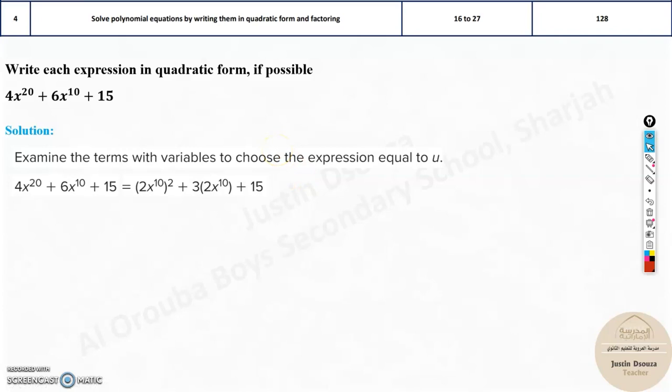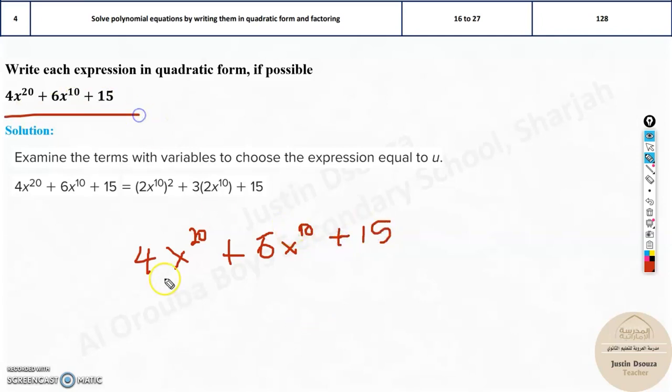So easily you can expand them. Now let me just expand this over here. It'll be 4, 2 squared is 4, x to the power 20, and 3 into 2, 3 into 2 is 6, that's plus 6x to the power 10 plus 15. Now this must match the given question. Yes, it's the same thing.